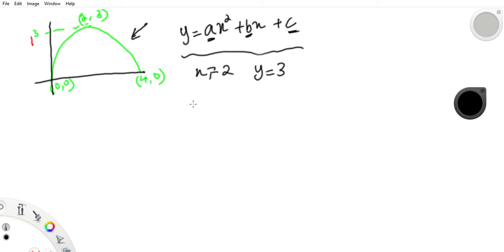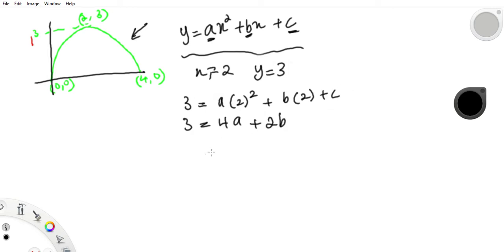Okay, so that means when y is 3, that x, in this case, oh, well, klutz, I made a mistake myself. Alright, 4a squared plus 2b, and that's 0. So that's one equation describing what's going on so far.